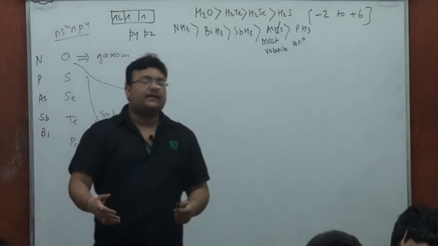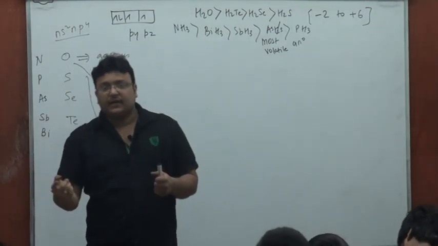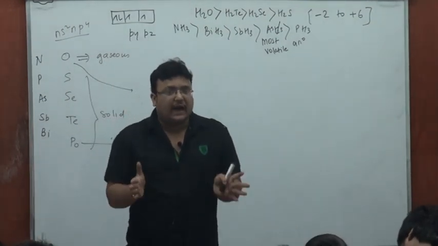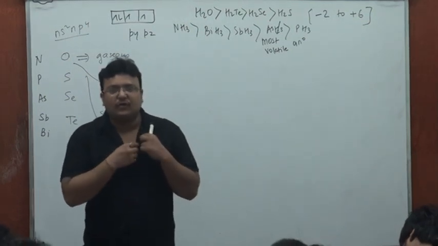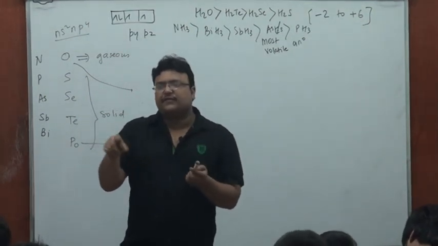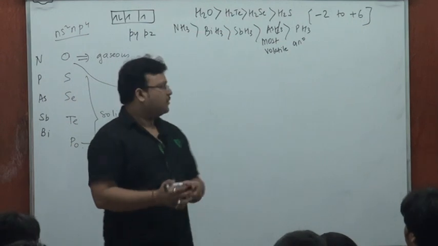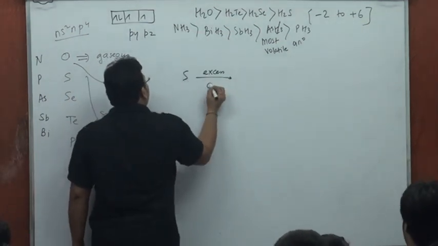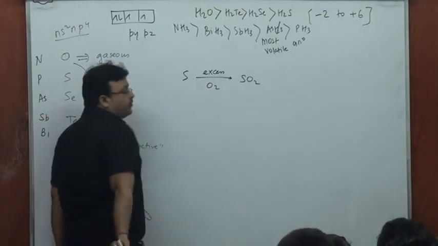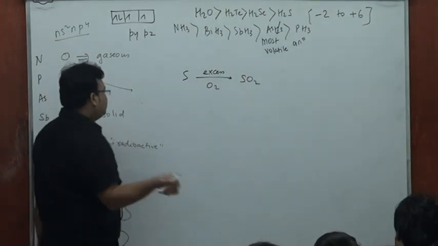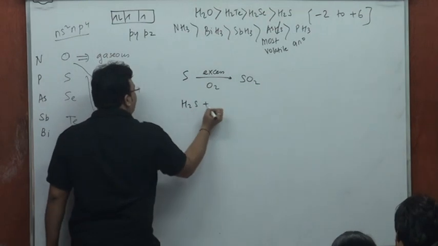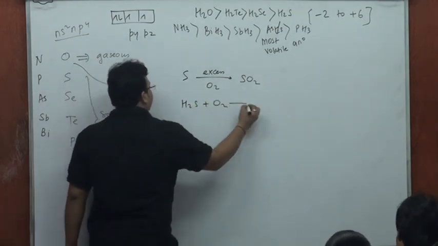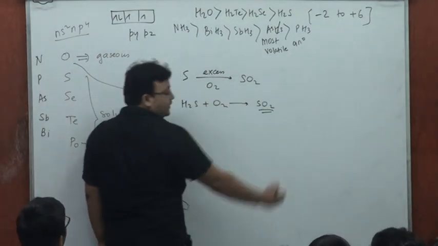We also end up learning that sulfur dioxide to sulfur trioxide in the contact process requires a catalyst. Yes or no? So even if they give you sulfur with excess oxygen, you are expected to write sulfur dioxide and not sulfur trioxide. And minutes ago I told you group 6 hydride, if burned, would produce dioxides.